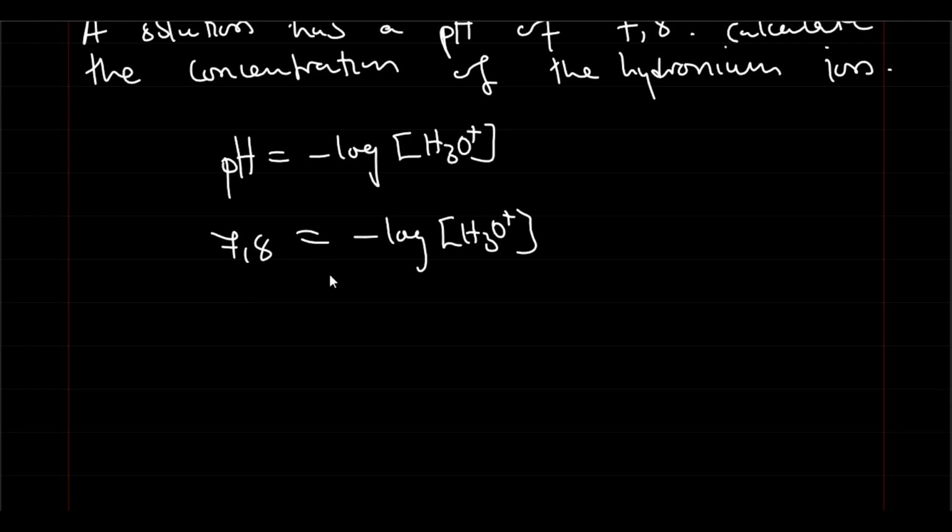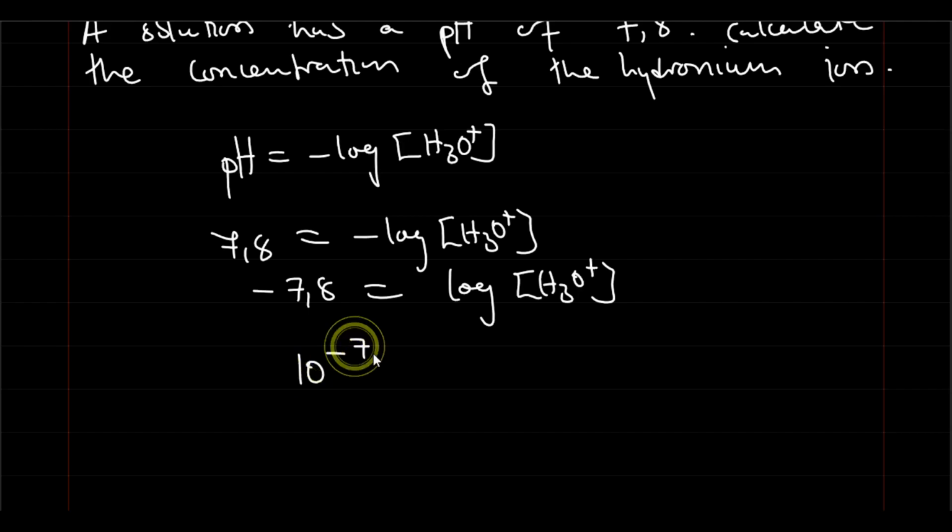Before I introduce base 10, let me divide by negative both sides. If I divide both sides by negative, I have negative 7.8 on this side, and on the other side I have log of concentration of hydronium. If I introduce base 10 on both sides, I have 10 exponent negative 7.8 is equal to 10 to the log of concentration of hydronium.